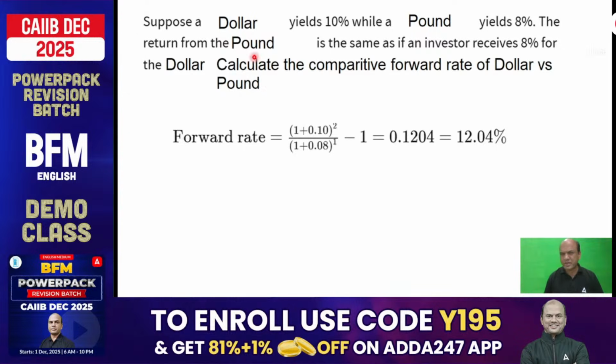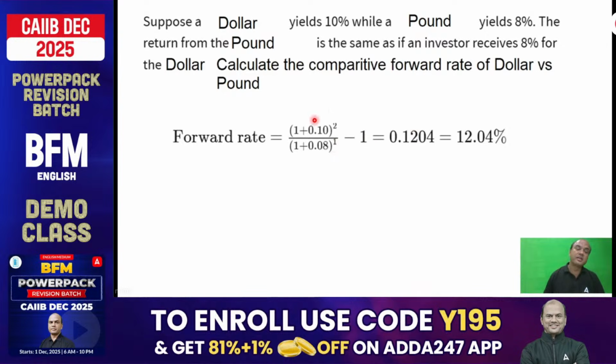Such a numerical is very complex, but if it comes, use a simple formula: forward equals 1 plus dollar interest rate upon 1 plus pound interest rate, minus 1.